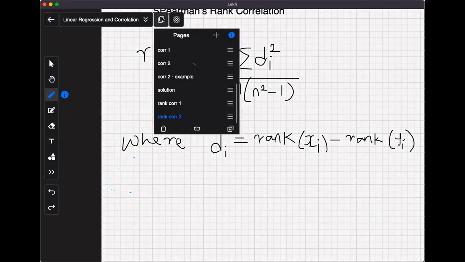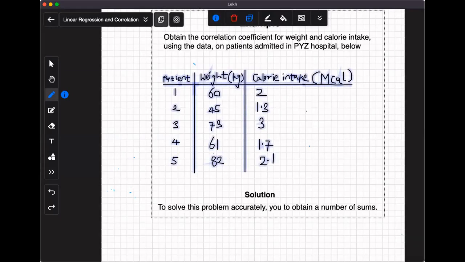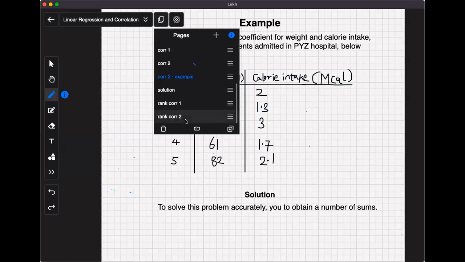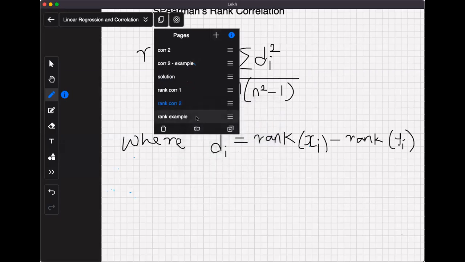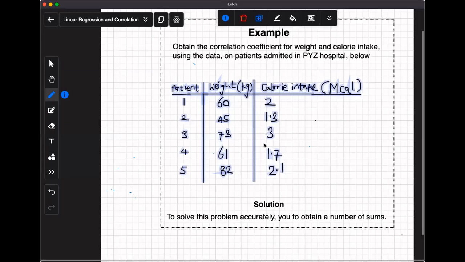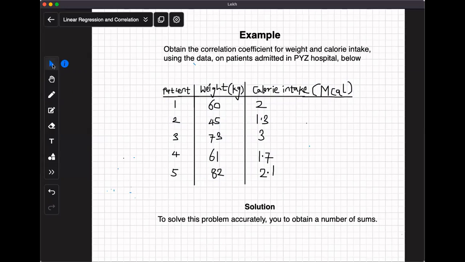Now we have this. Let's look at the example we took before. Assuming that just like before, you are told to find the correlation coefficient for weight and calorie intake using Spearman.